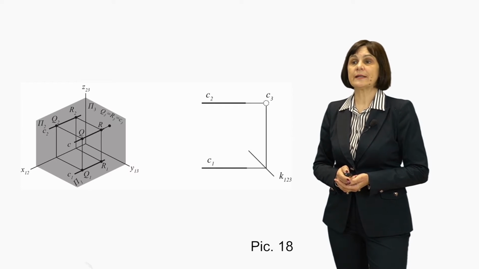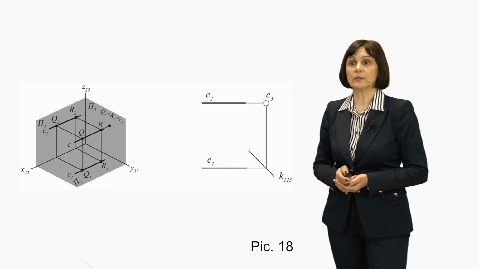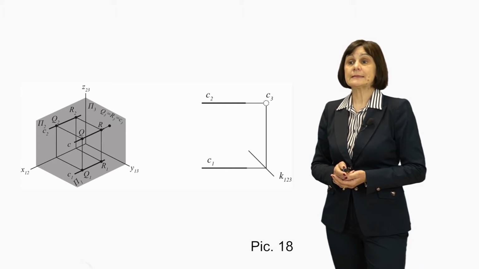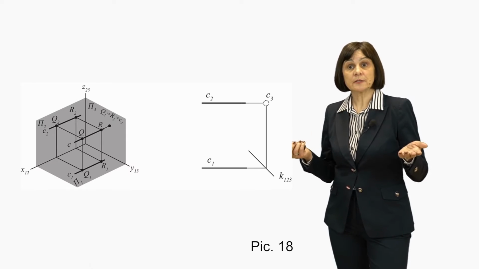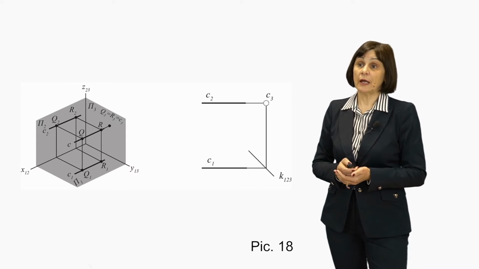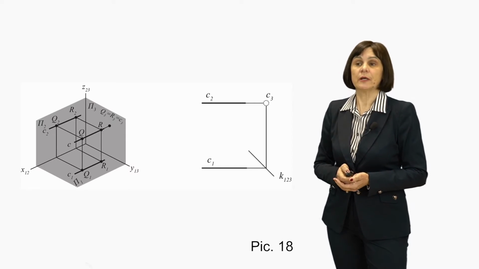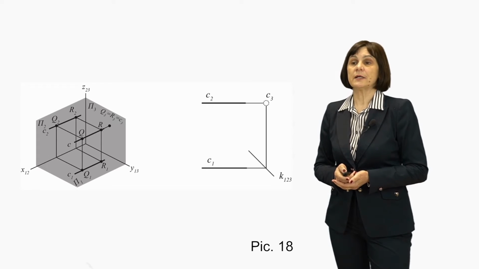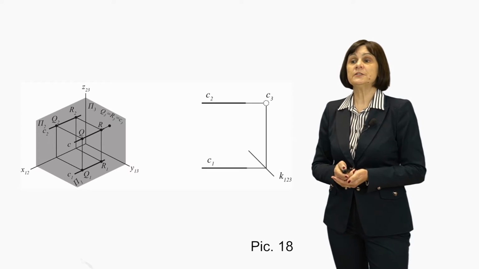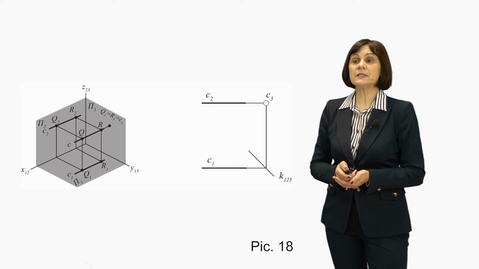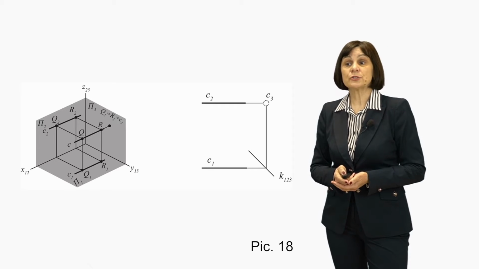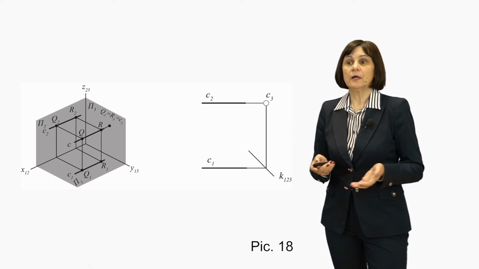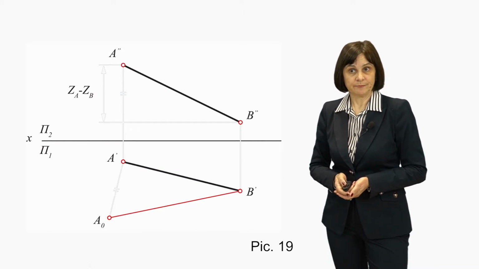One side of this triangle is the horizontal line segment projection, or the frontal line segment projection, and the other side represents the difference between the ends of this segment projection on the horizontal or frontal projection plane.